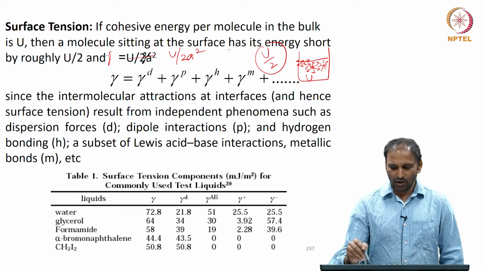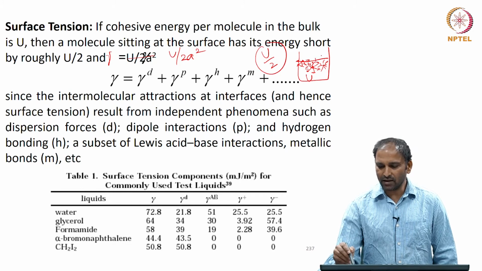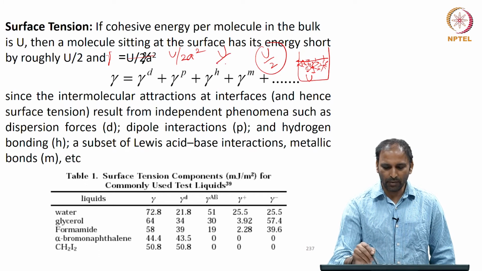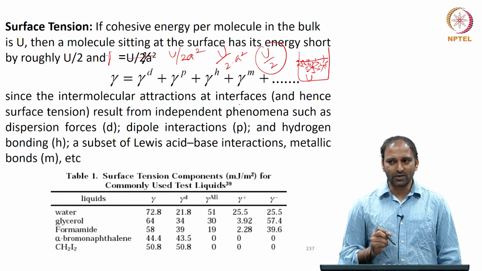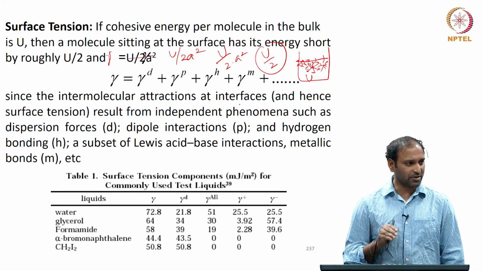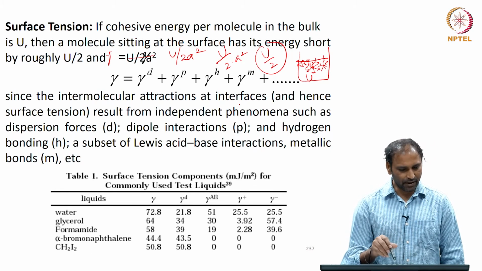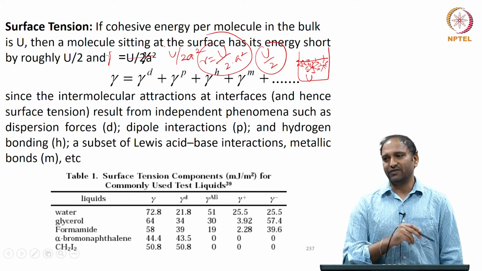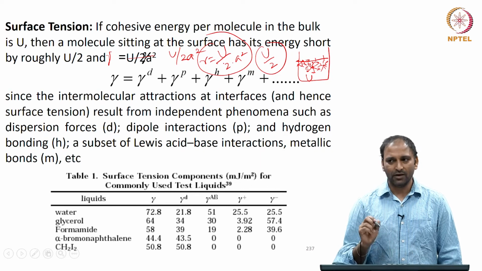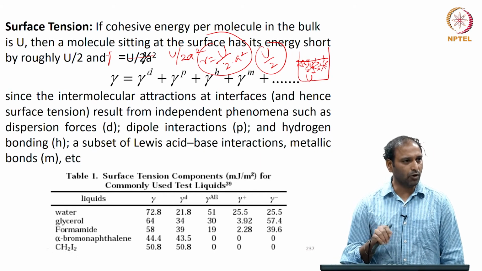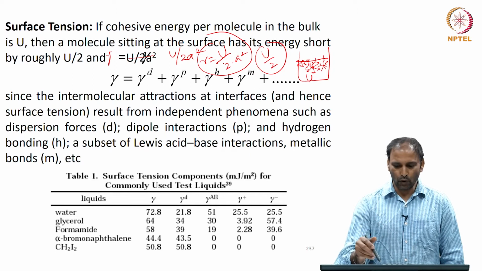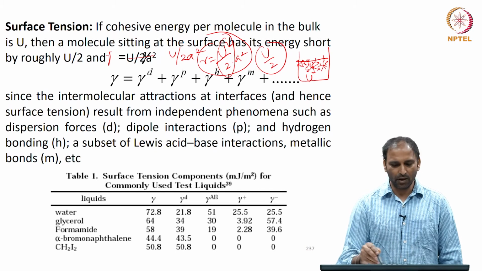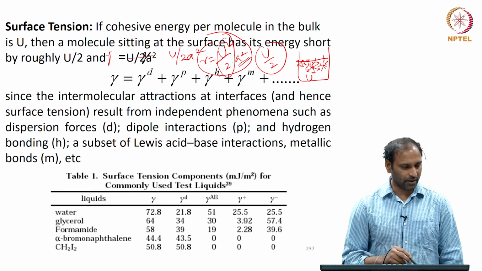Now, if you know the area that the molecule occupies at the surface, I can calculate u divided by 2 times a square, where a square is the area that the molecule occupies at the surface. So, you can relate interfacial tension to the energy of interaction, where u is the energy of interaction between the molecules in the bulk. If I know that, I can relate surface tension to the energy of interaction in the bulk and the area that the molecules occupy.